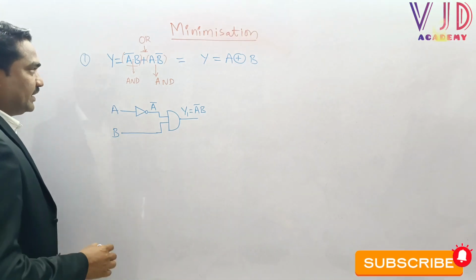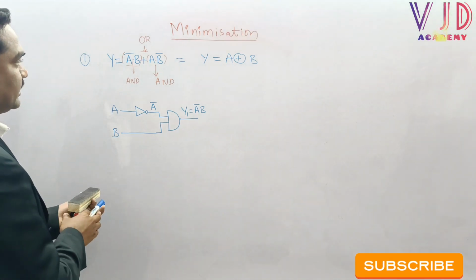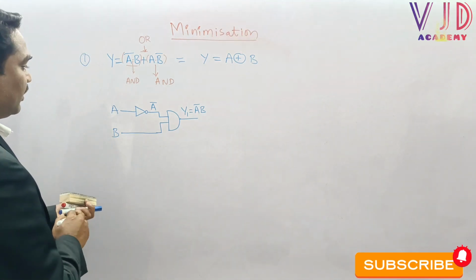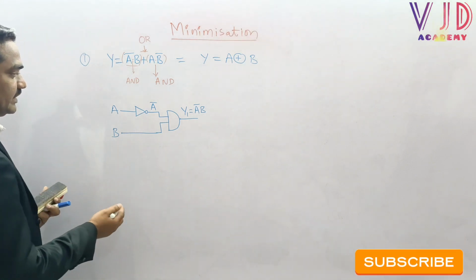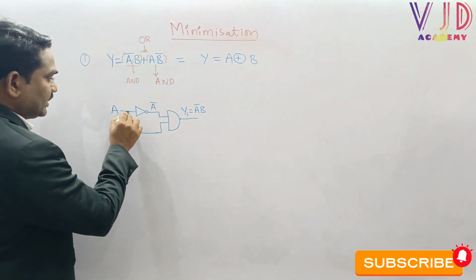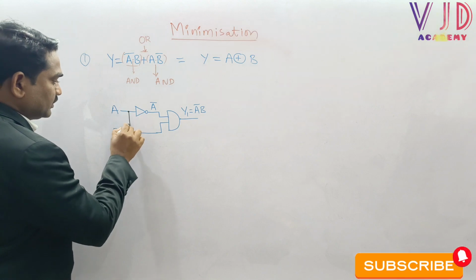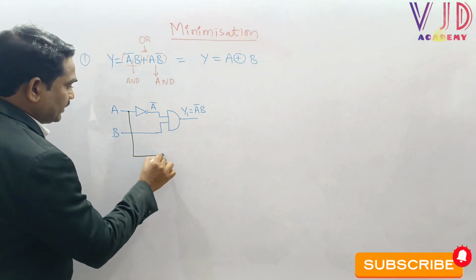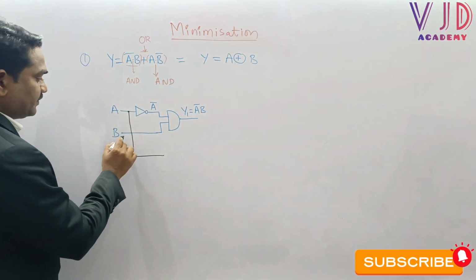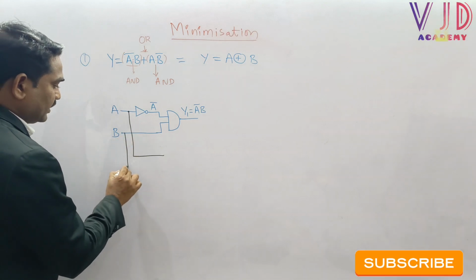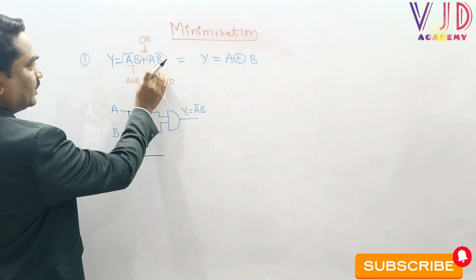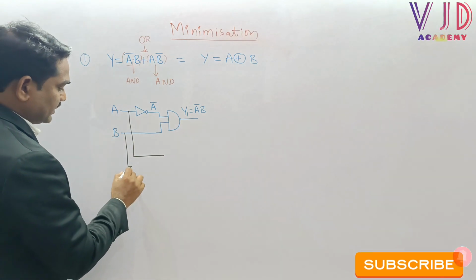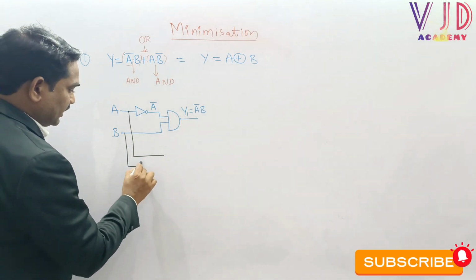Now let me take the second part, which is a into b bar. To understand it easily, I want to take one more new color here. Here is a, and then the second part is b. The second part contains b bar, which means I want to take one NOT gate here.